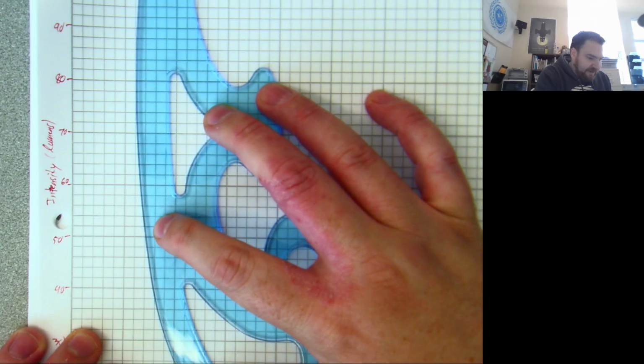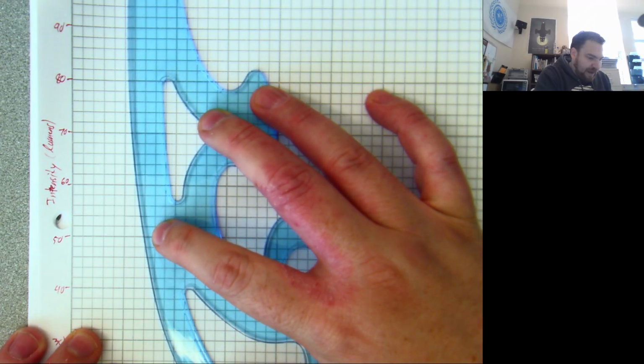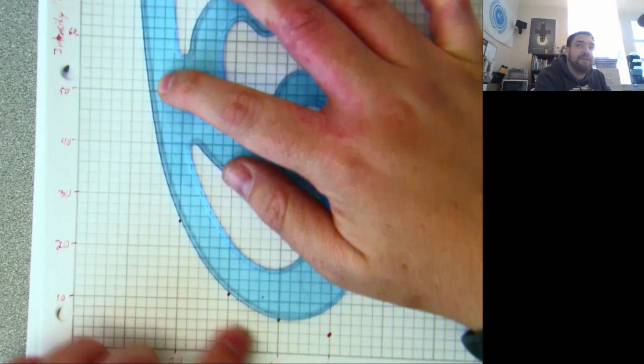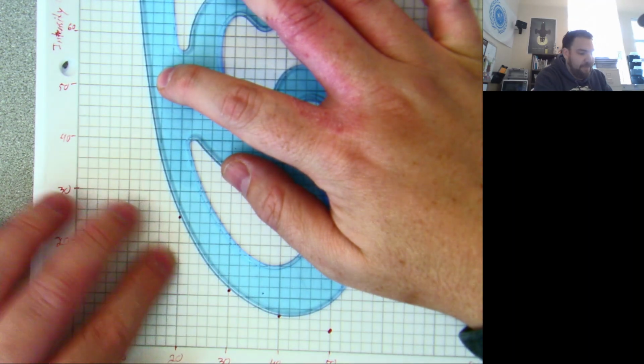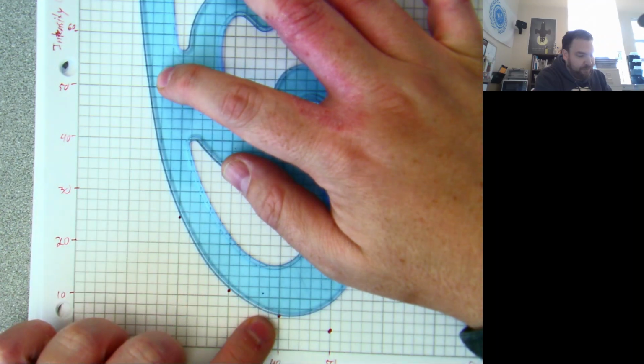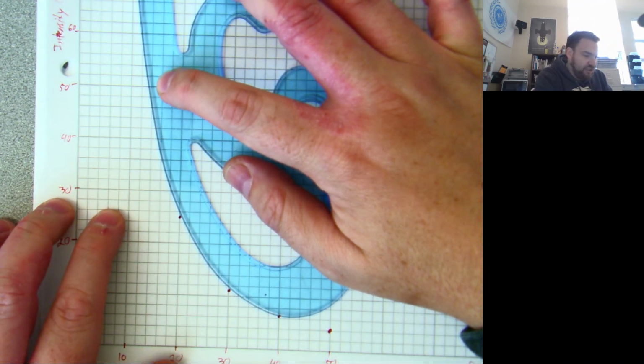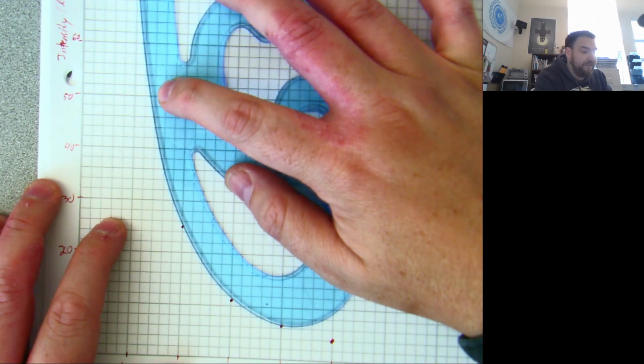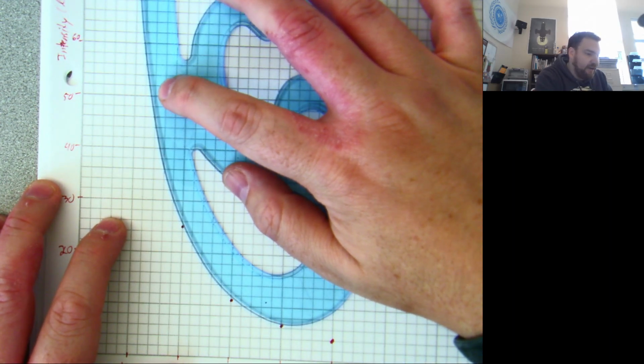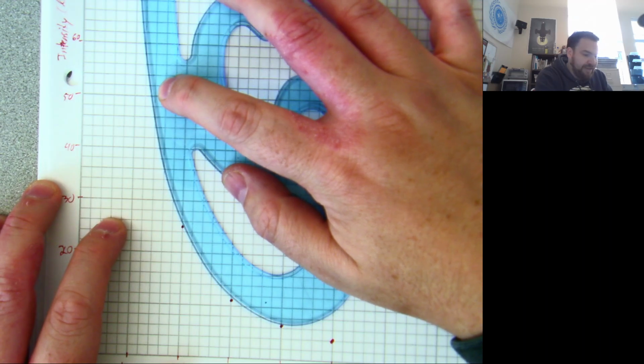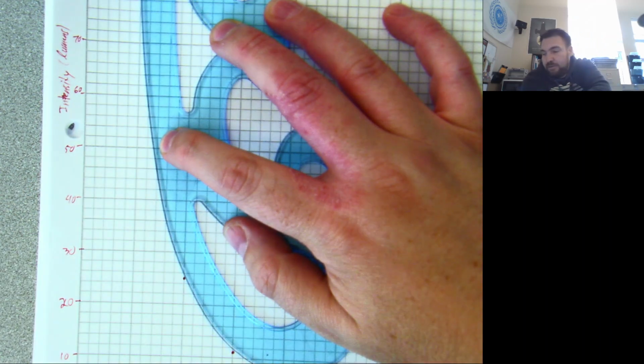So I'm going to take this, and as I curl around, I'm using these 3 points down here at the bottom, the 20 point, the 30 point, and the 40 point, to be my floor effectively as I curl this French curve around.